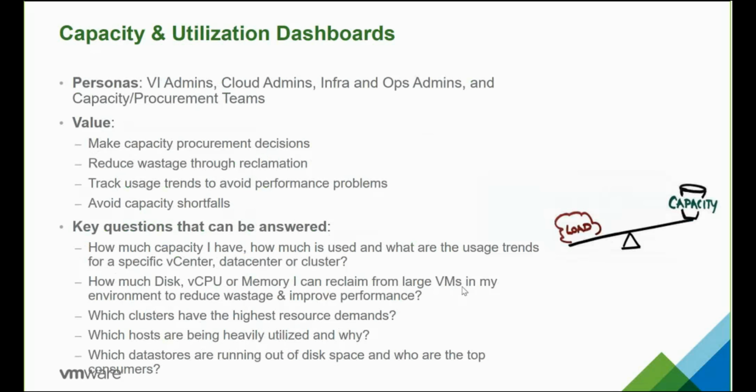The basic personas they help are cloud admins, infrastructure and operations admins, and specifically the capacity and procurement teams who are responsible for making sure that they have enough runway before they go ahead and buy some new infrastructure.